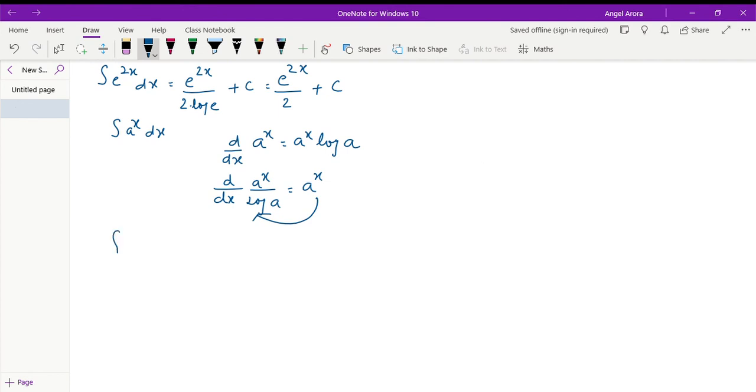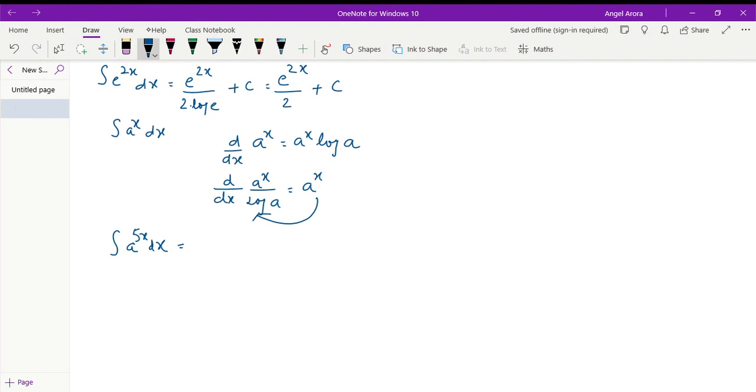So what will be the integral of 5^x dx? Okay, let's practice one more example. What will be the integral of a^(5x) dx?